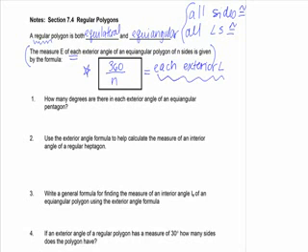So now we can use that to do number 1, in which we want to find the number of degrees in each exterior angle of an equiangular pentagon. So the first thing you should think is what the value of n would be for a pentagon. Yes, Alex? 5. So write n equals 5.